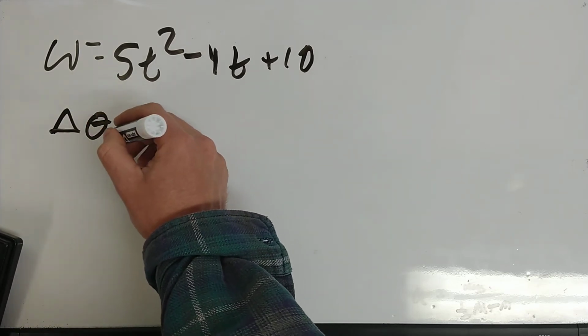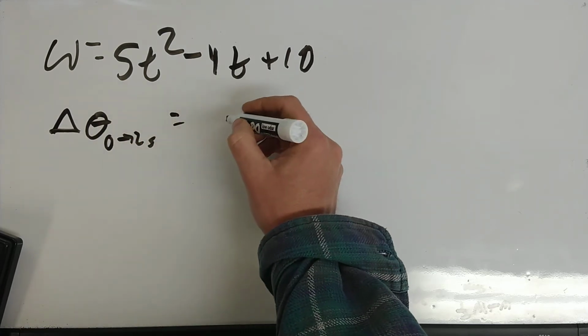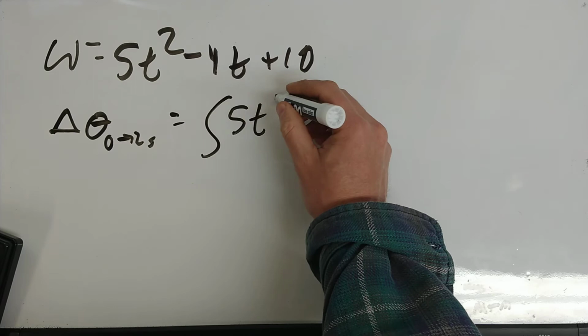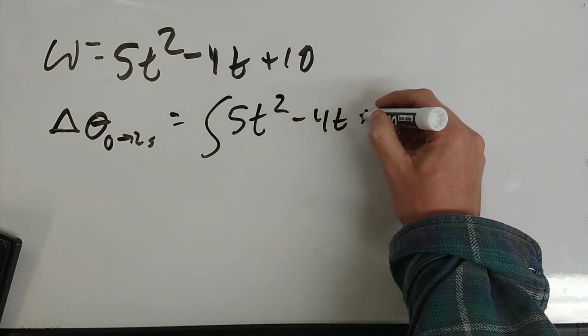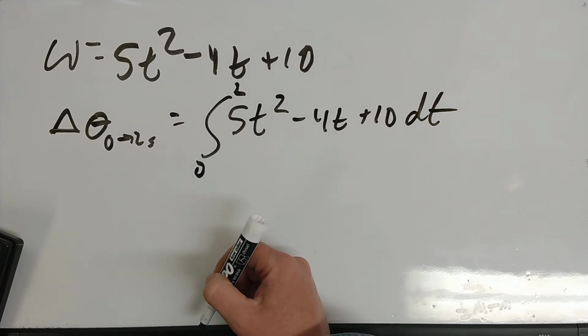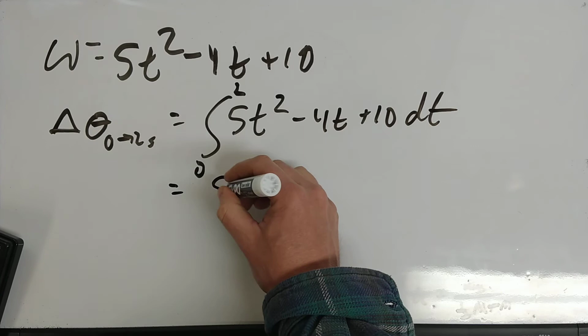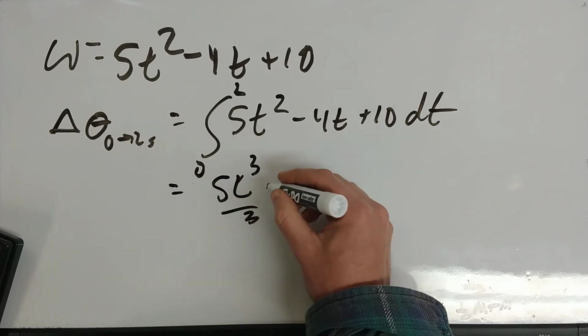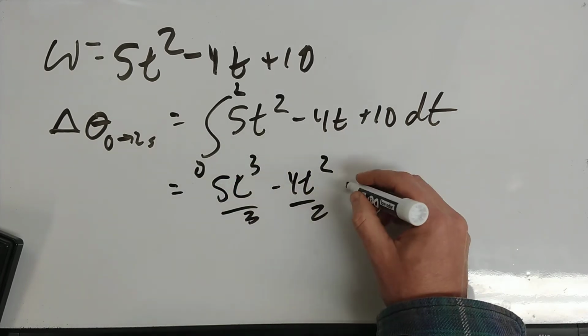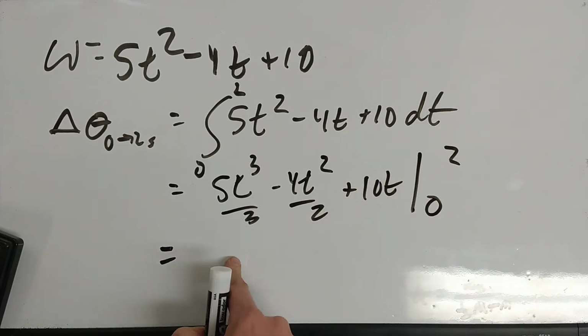Angular displacement is delta theta from 0 to 2 seconds equals the integral of 5t squared minus 4t plus 10 with respect to time from 0 to 2 seconds. Okay, so first take the antiderivative of this: 5t cubed over 3 minus 4t squared over 2 plus 10t. Evaluate it then from 0 to 2.